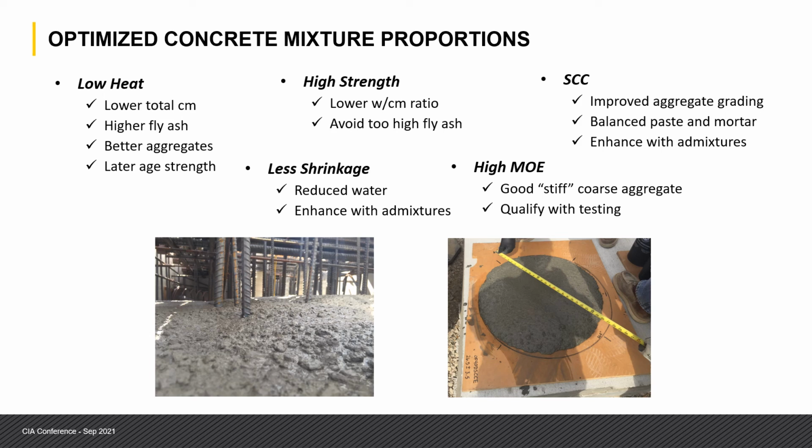Reducing the water demand was going to allow us to reduce the total cementitious. The lower total cementitious was going to reduce the heat, right? But then we needed to have high strength. With the low water demand, we will also be able to reduce the water cement ratio and be able to use high fly ash content, which we needed to also reduce the heat. So with a combination of factors, we were able to optimize the mix by selecting the right materials and optimizing the materials for performance.